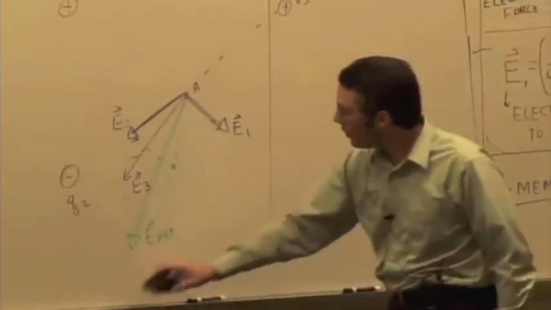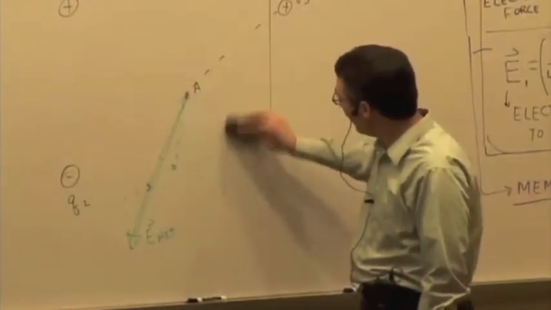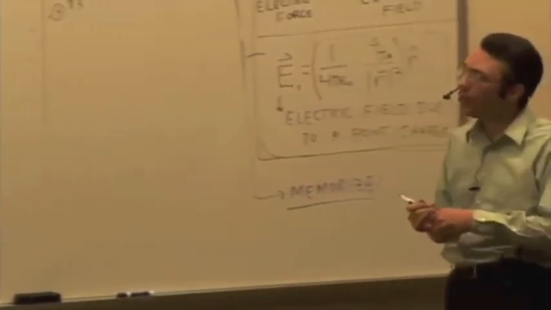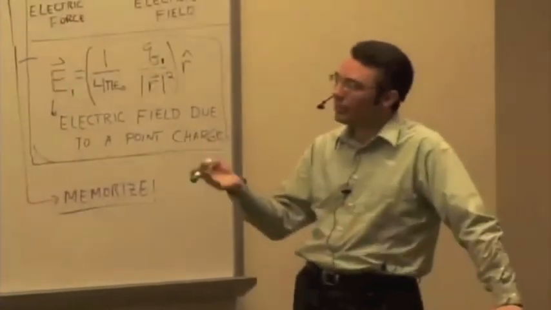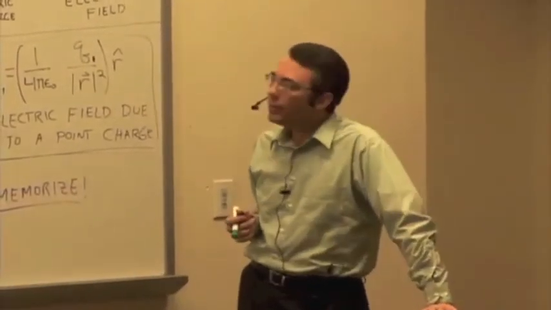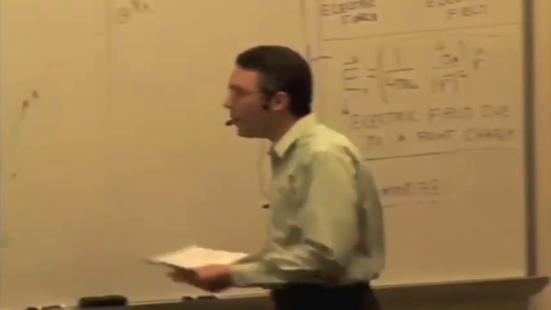And then I could erase the other three vectors just to show that there's really only one electric field I'm going to measure. That is the net electric field due to all those three charges, but I got that net electric field by adding up E1 plus E2 plus E3. Okay, that's the idea.